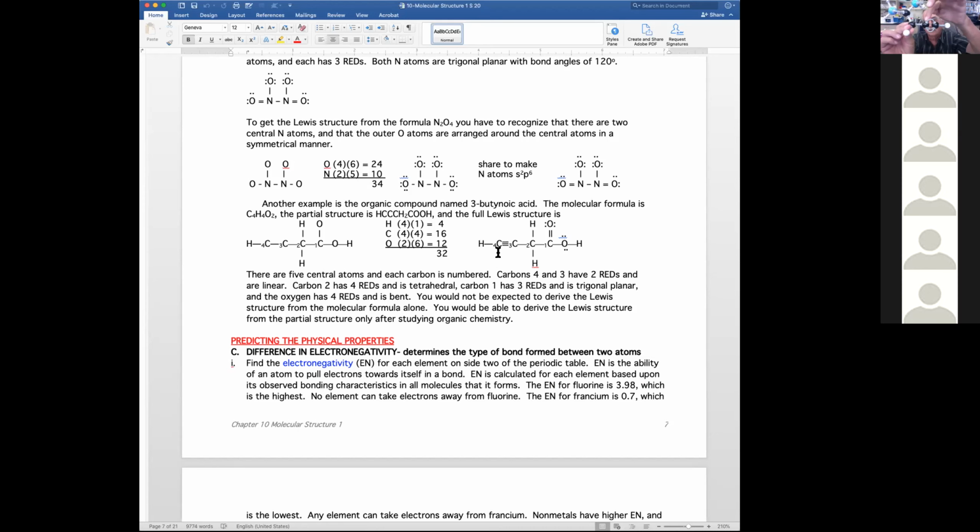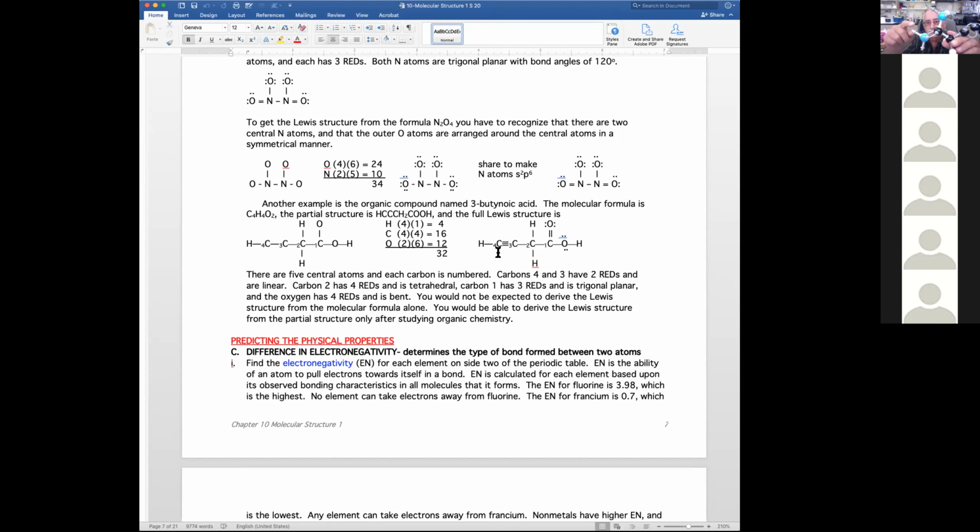Carbon number 3, 1, 2 regions of electron density. It's linear. Carbon number 2, 1, 2, 3, 4 regions of electron density. It's tetrahedral. Carbon number 1, 1, 2, 3 regions of electron density. It's planar trigonal.